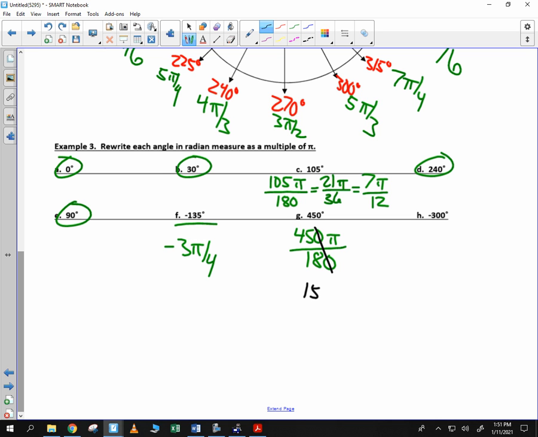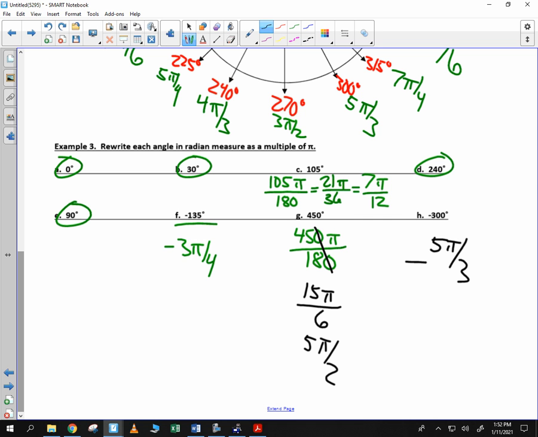I have 15 pi over 6. Both are divisible by 3, so I like to divide by 3, and I get 5 pi over 2. Negative 300, we know that positive 300 is, in fact, 5 pi over 3. Since it's negative, it would be negative 5 pi over 3.